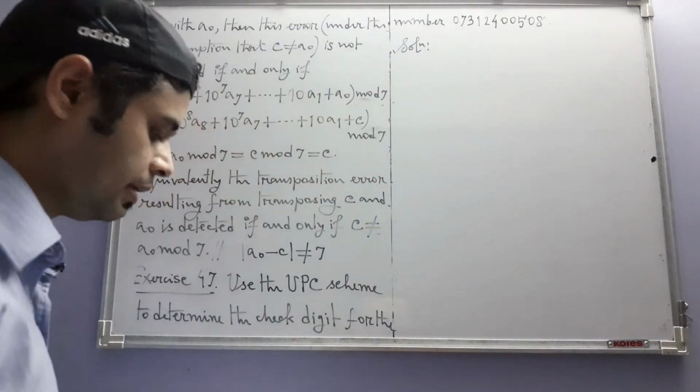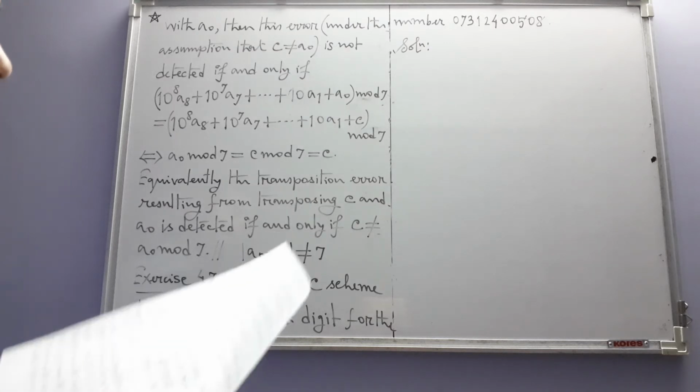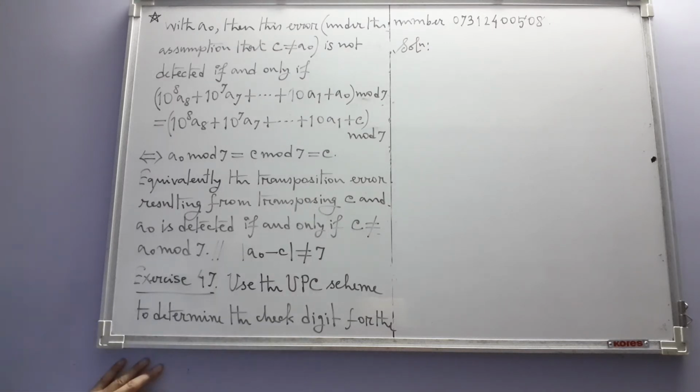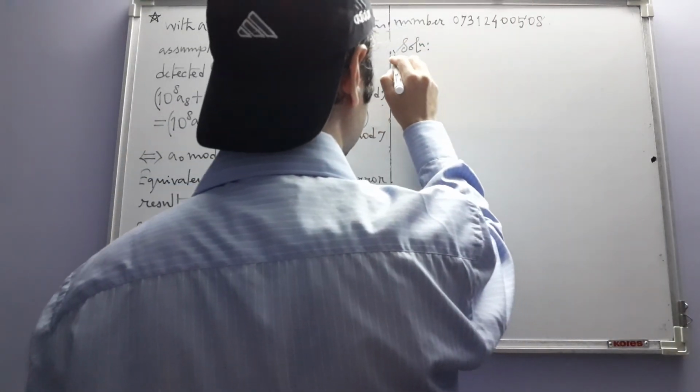Oh, so in a UPC scheme, the number along with the check digit forms a 12-digit number. So the given number here has 11 digits, so we have to find the check digit. Yes. So let A be the check digit.